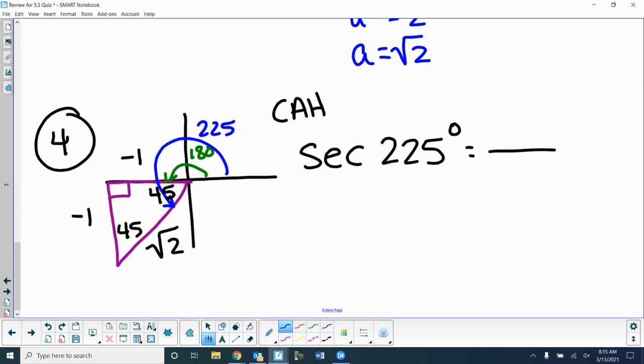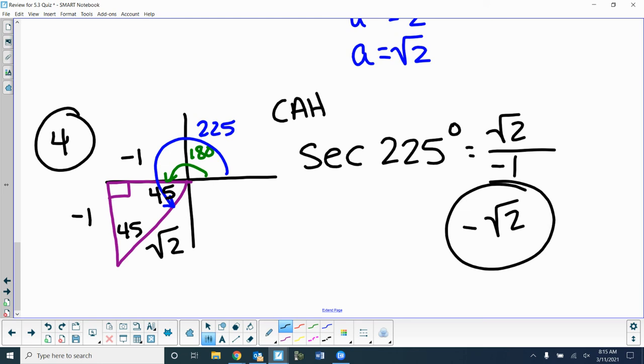Hypotenuse, square root of 2, over adjacent, negative 1. You can leave it like that, or you can just put negative the square root of 2 if you want. That's the exact answer. Okay. Questions?